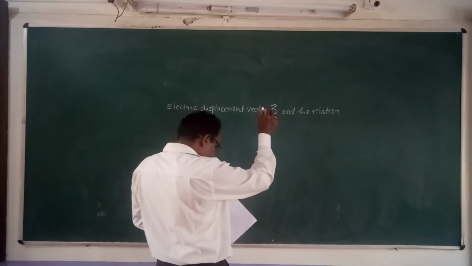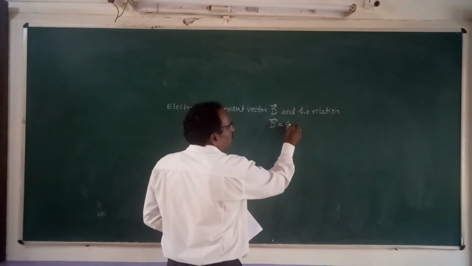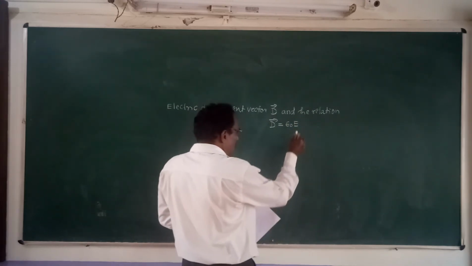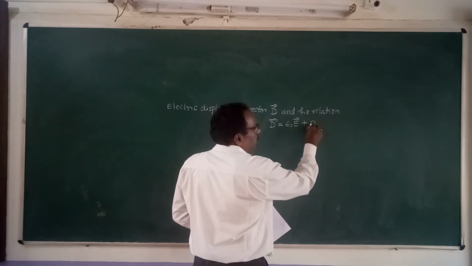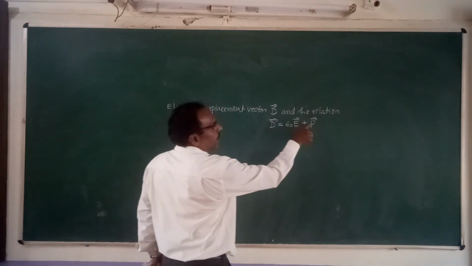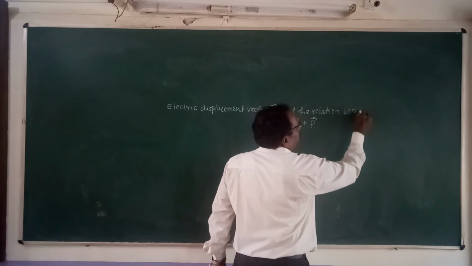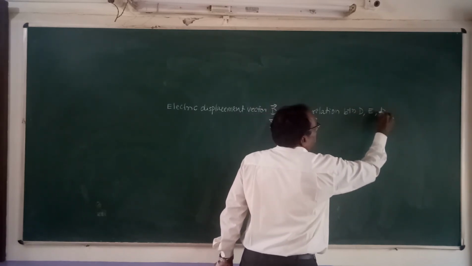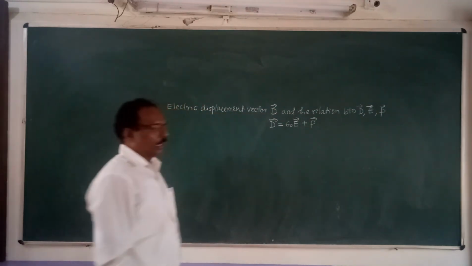The relation is D equals epsilon naught E, the electric field, plus P, the polarization. Relation between D, E and P. This is an article mentioned in our syllabus.